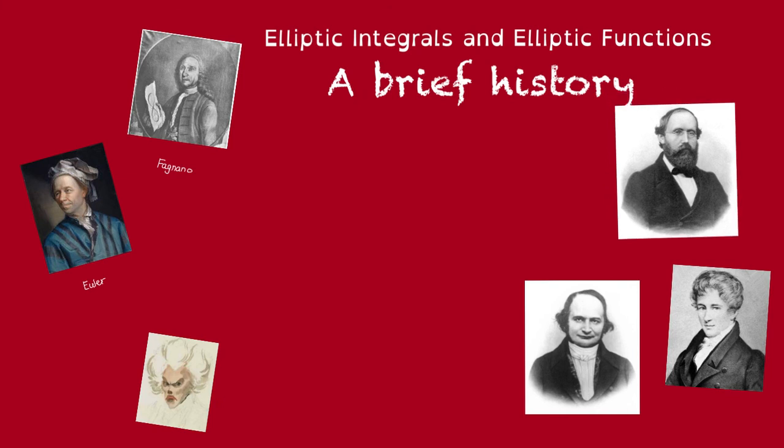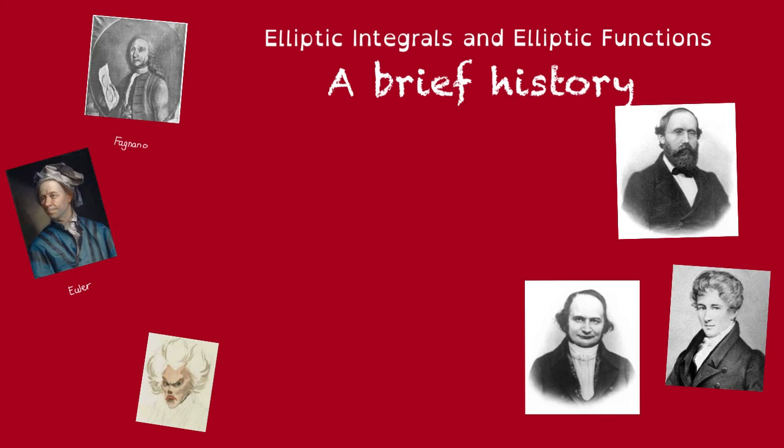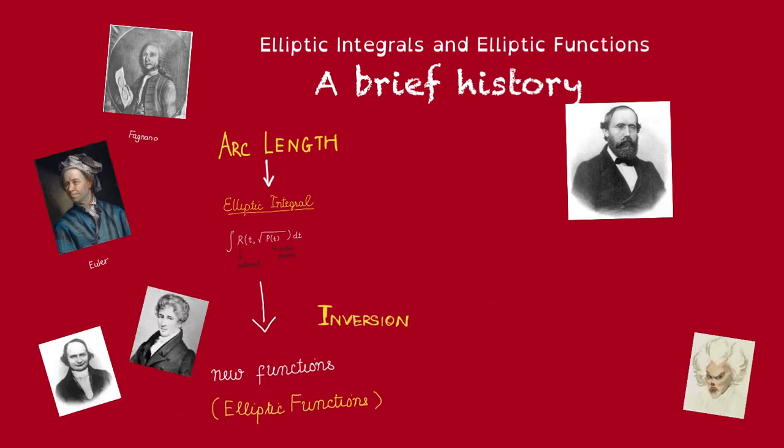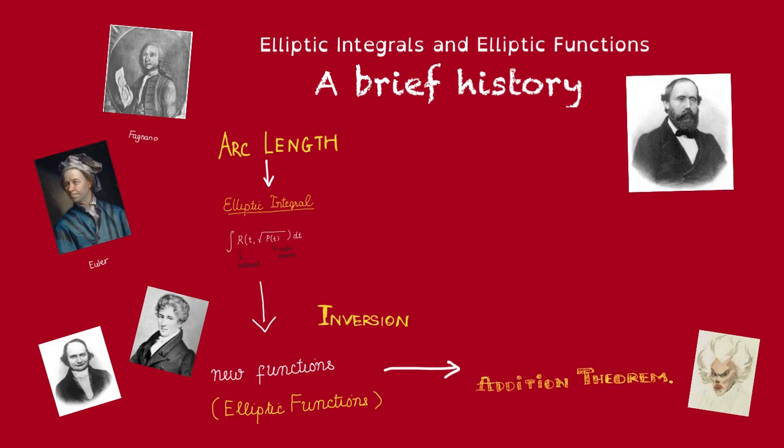Let us do a quick recap of the story. The problem of computing arc length leads to the study of elliptic integrals. Now, inverting these integrals leads to new functions. These functions are a generalization of trig functions, and in particular, they also have addition laws. Using these addition laws, we can compute special values of these functions and also extend them to complex numbers.